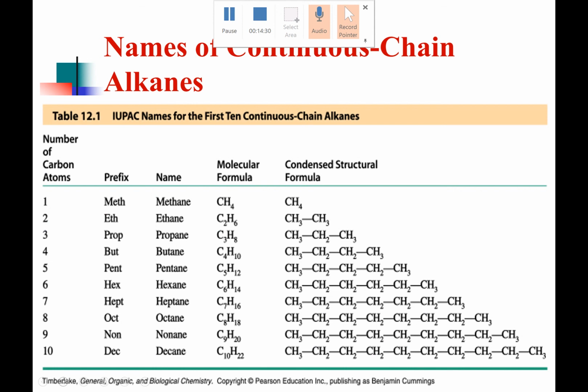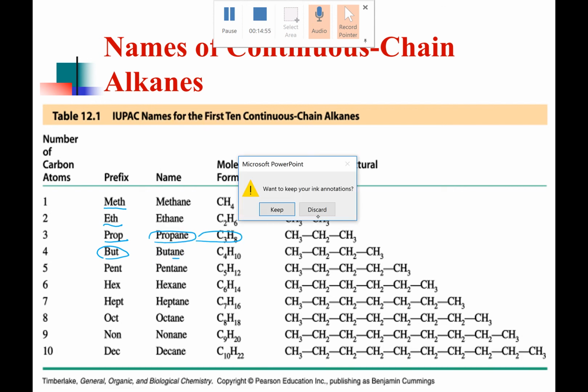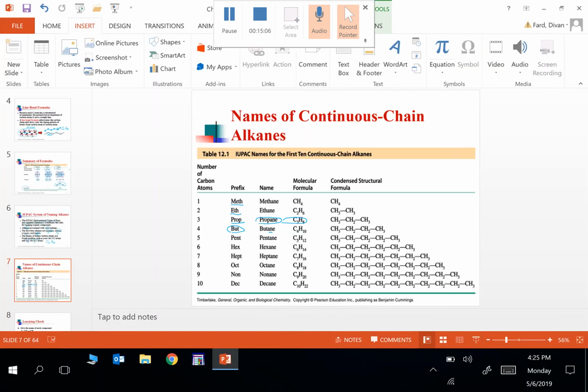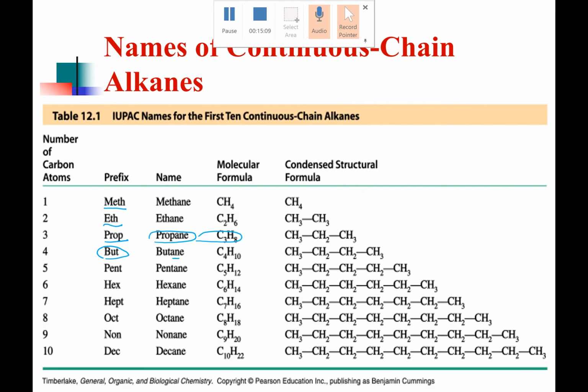All right, so this is a table which shows the Greek prefixes that we use for number of carbons. Met for 1, et for 2, prop for 3, like propane that we use for making barbecue. And for 4 it's but, so the alkane of but is going to be butane. Okay.